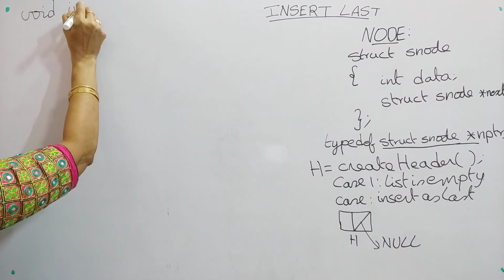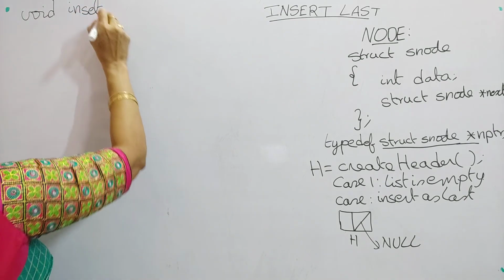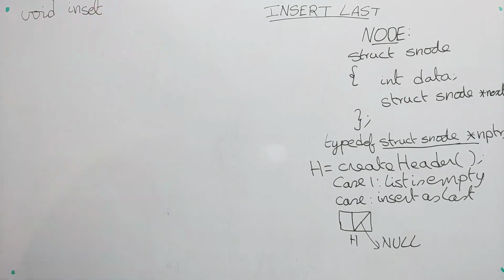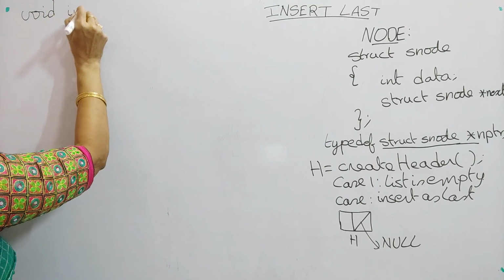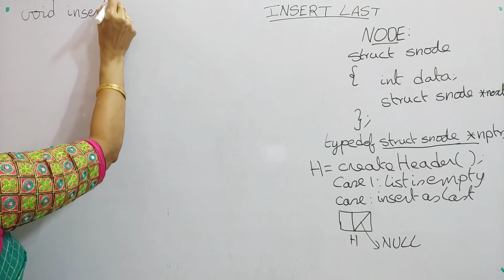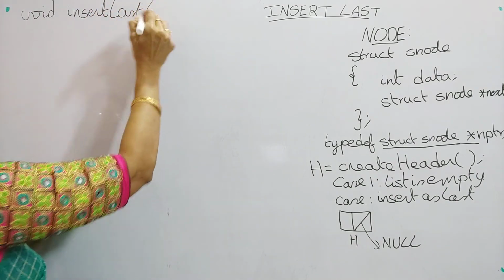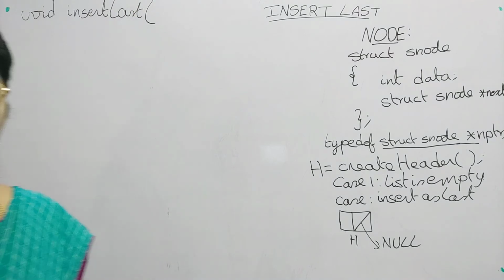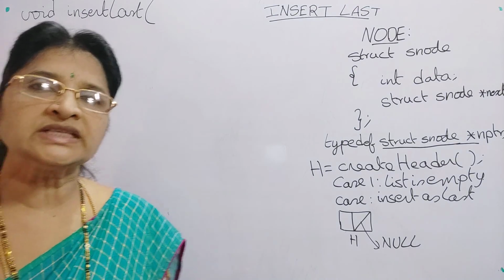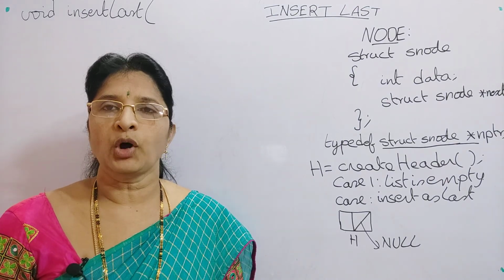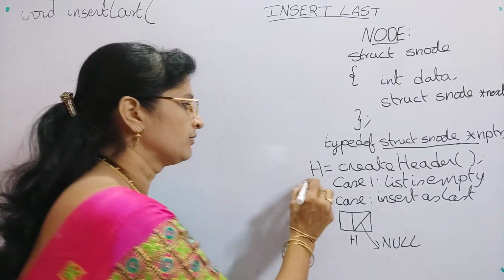Now I will write the function name. The function name can be any valid identifier. Here I am writing the function name as insertlast. Then you have to give the parameters list for your function. Whenever you are working with a singly linked list, one parameter is compulsory, that is your header node.